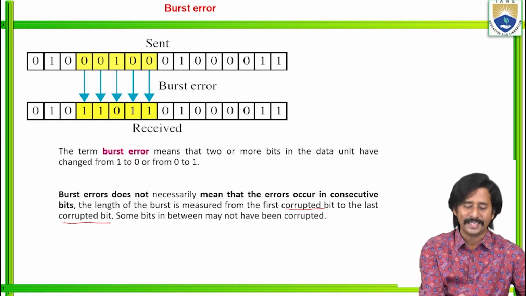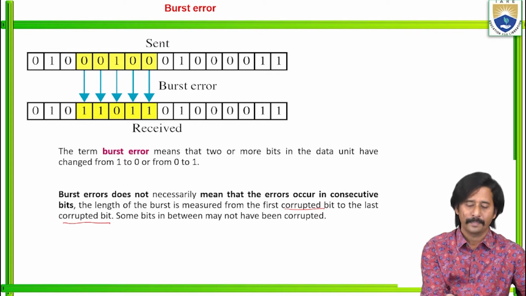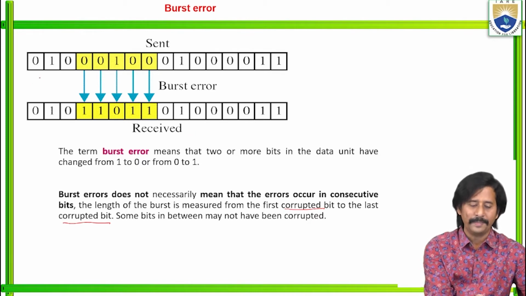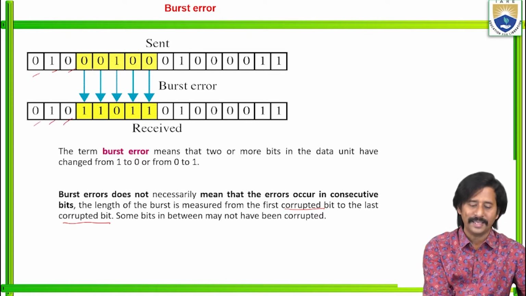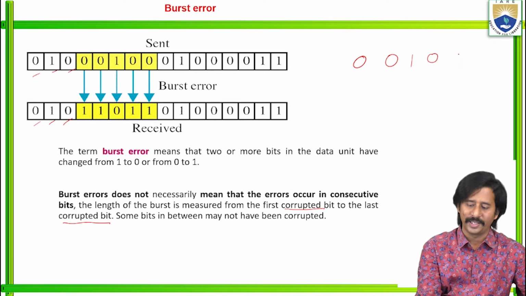See, let us take this example. This is the frame at the sender side, that is the sent frame. This is the received frame. See, the first 3 bits 0 1 0 are exactly the same. But what happens here, according to the sender frame, 0 0 1 0 0.